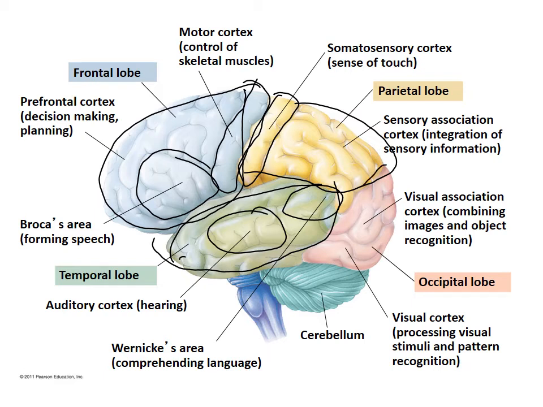And then we have the pink area in the back, and that pink area is the occipital lobe, which is completely responsible for visual association and our vision. It's the visual cortex, and it recognizes patterns and stimuli that are visual. And tucked underneath the cerebrum is the cerebellum, and this again is the spinal cord.